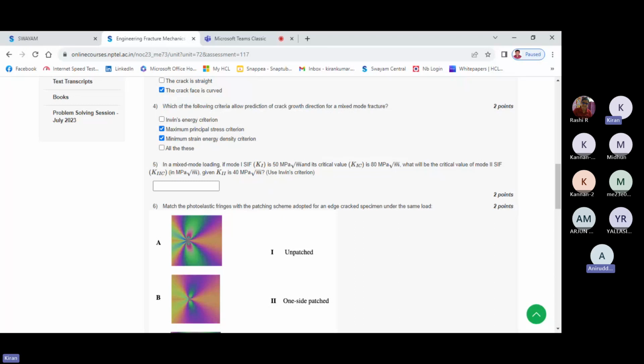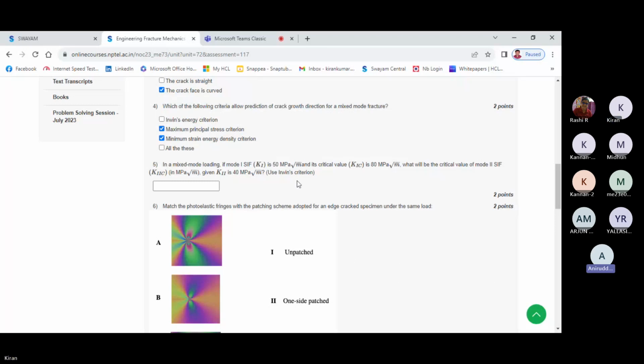Correct. I have also not tried it, but we can do one small check: K1 square plus K2 square is equal to K1C square. We can cross verify this equation.